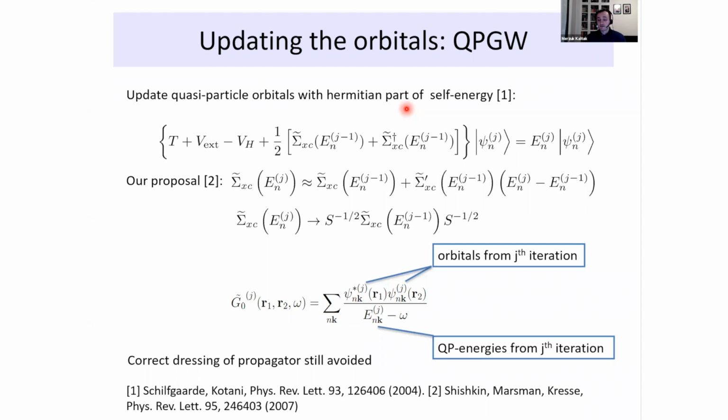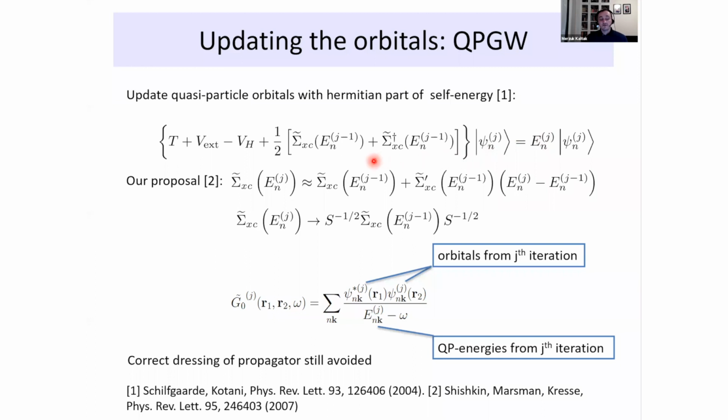Schilfgaarde and Kotani were the first to propose this back in 2004. And they used a hermitized version of the self-energy, which makes this generalized eigenvalue equation Hermitian. So because of that, you can then solve this equation using diagonalization, like from LAPACK, for instance, and you get a new set of energies and orbitals.